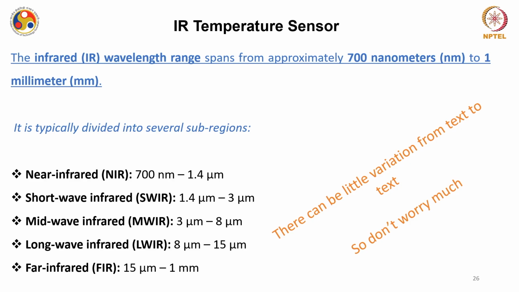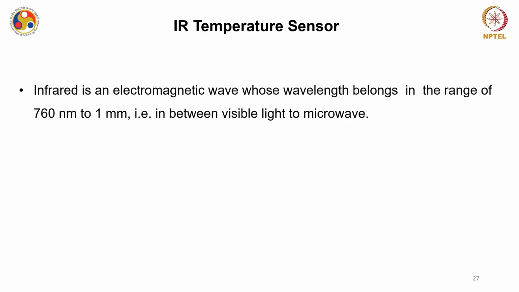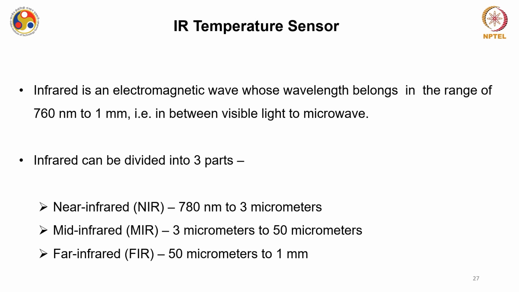However, this definition is very broad, and it is not exhaustive. There can be a little variation from one textbook to another textbook, so I think we should not worry much about it. Somewhere you may find that infrared is an electromagnetic wave whose wavelength is in the range of around 760 nanometer to 1 millimeter, anything between visible light and microwave.